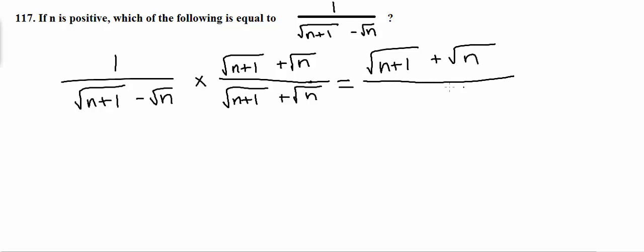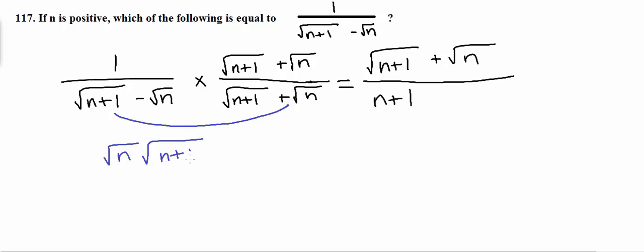Now let's focus on the denominator. When I multiply the first terms, I get n plus 1. When I multiply the outer and inner terms, they cancel out, and that's why this method is so effective. I'll show you in blue what happens. When I multiply this by this, I get the square root of n times the square root of n plus 1.